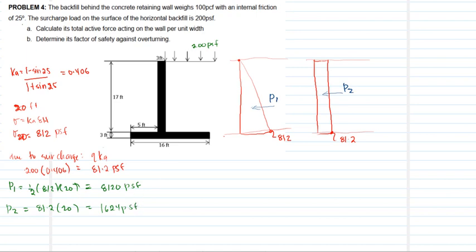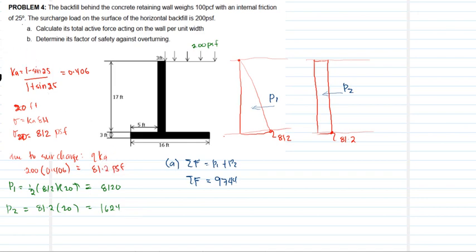Okay? So, for letter A, yung total active force natin is equal to P1 plus P2. So, yung magiging value natin dito is equal to, ilan ito? 9744. This is in pounds per... So, ito, mali tayo dito.